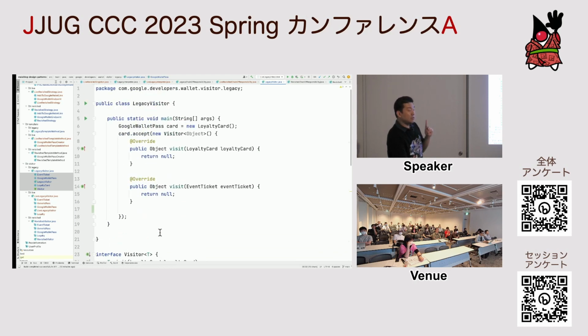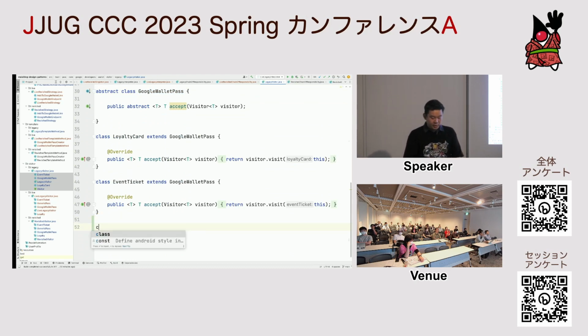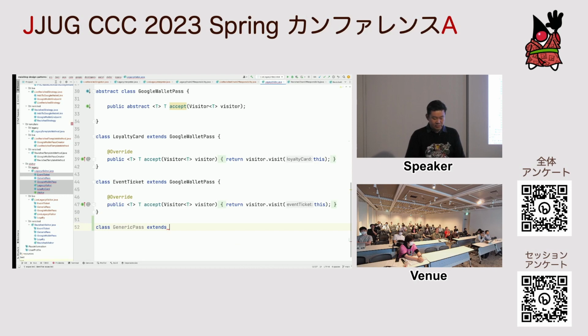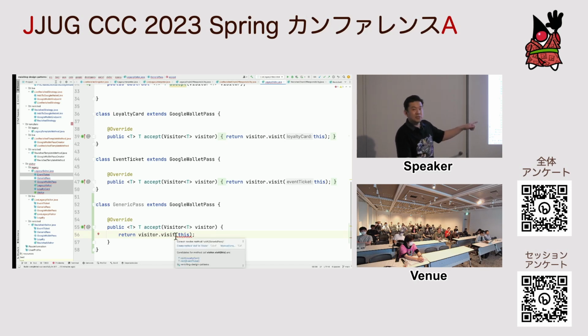And another benefit of the visitor is that if you create a new class, generic pass extends Google Wallet Pass, and you have to implement these methods, visitor.visit this. If you create this class, you have a compile time error.